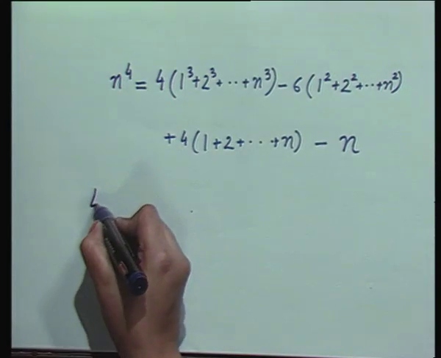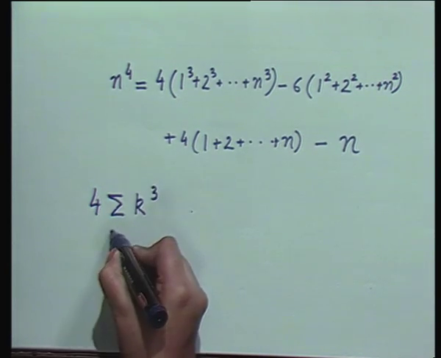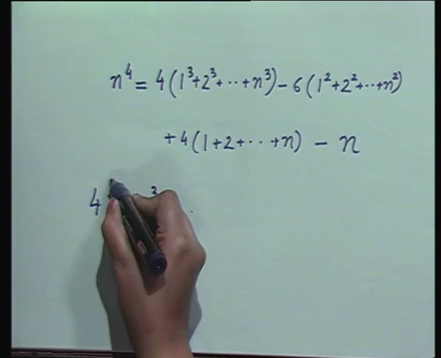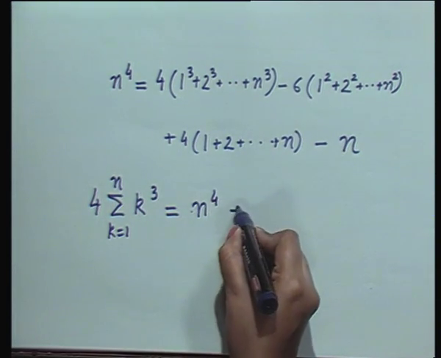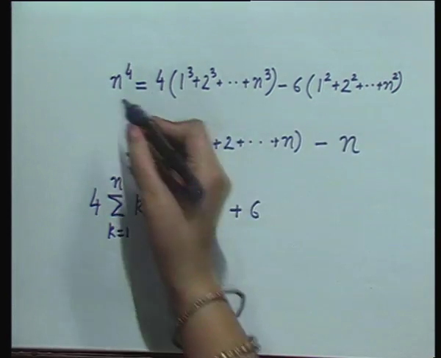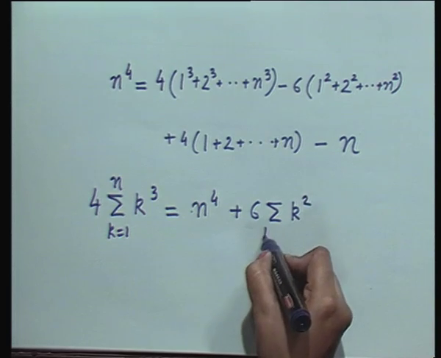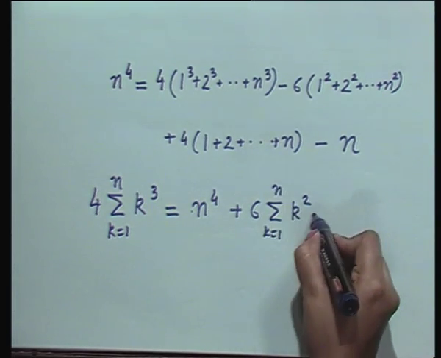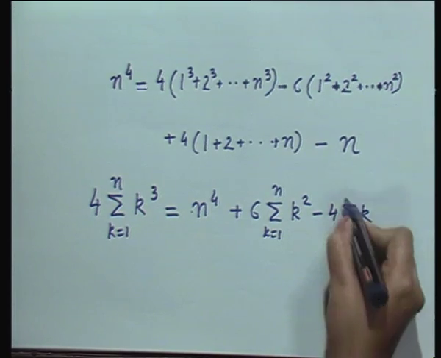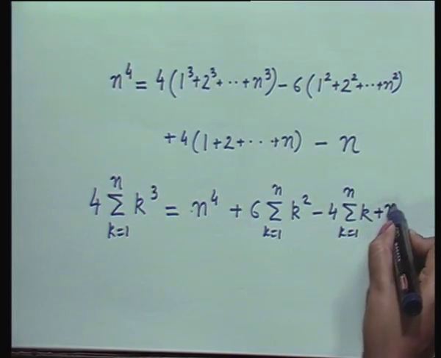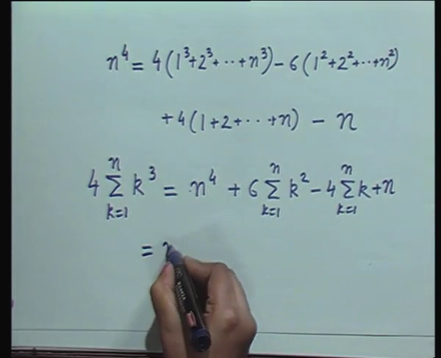From here you can see this is same as writing 4 times sigma k cube, where k varies from 1 to n, is equal to n to the power 4 plus, taking this term to the left hand side, 6 times sigma k square, k varies from 1 to n, minus 4 sigma k, k varies from 1 to n, plus n. This just needs to be replaced by the results.